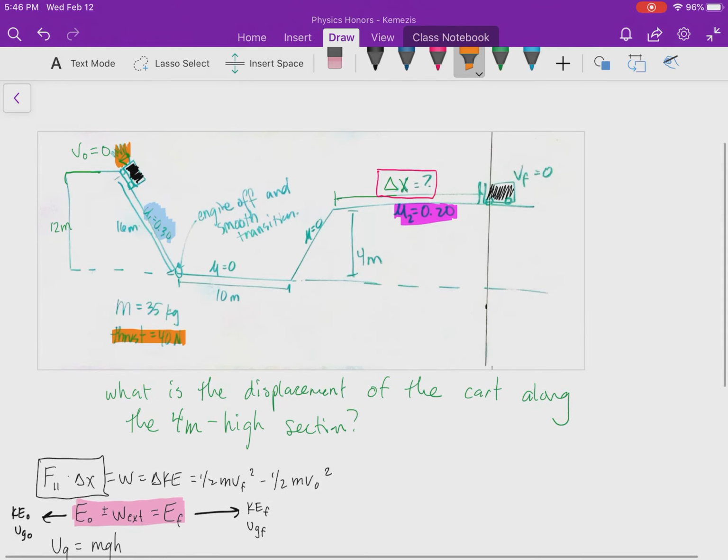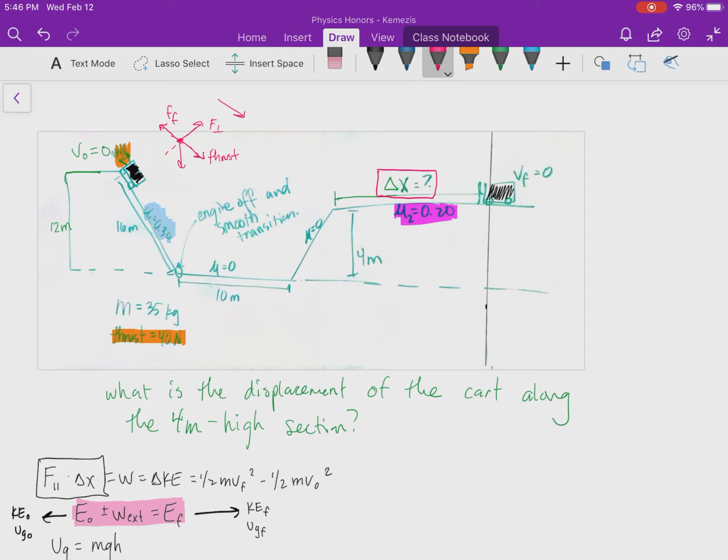So the force of friction, if we were to just draw a free body diagram real quick of the cart on the ramp, remember we tilt our axis, so we have mg, we have the normal force, we are going to have the thrust, and the force of friction, and our displacement is going down the ramp.